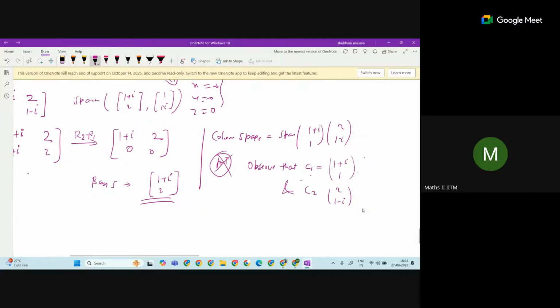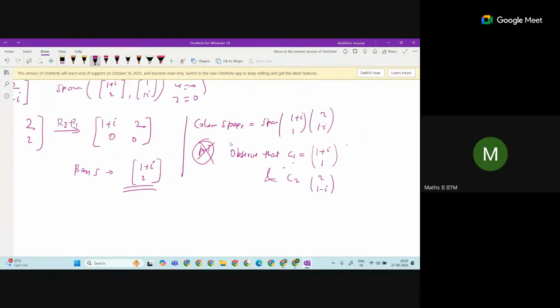Observe column 1 and column 2. Column 1 is equal to 1 minus i times column 2. This is the observation I got.